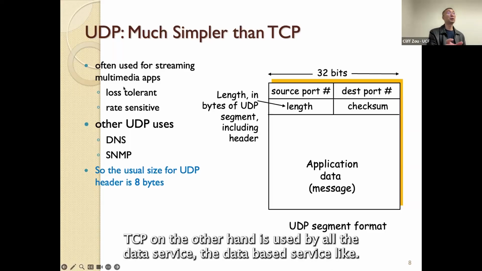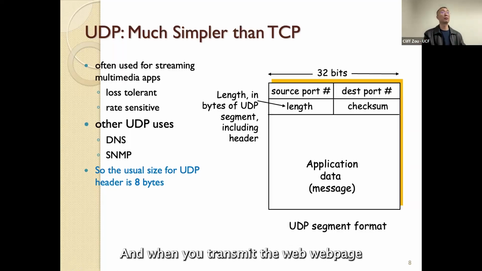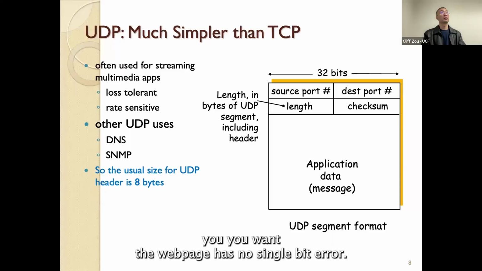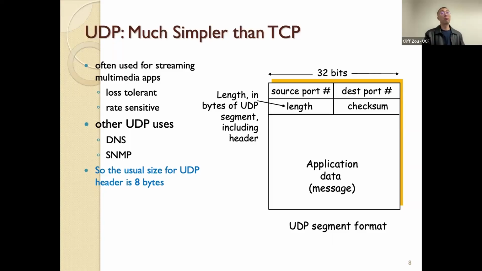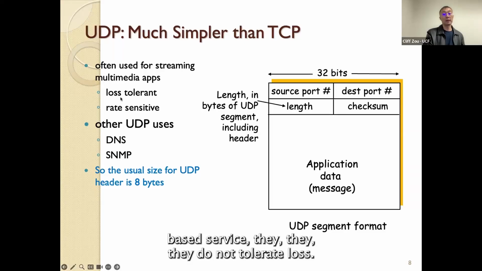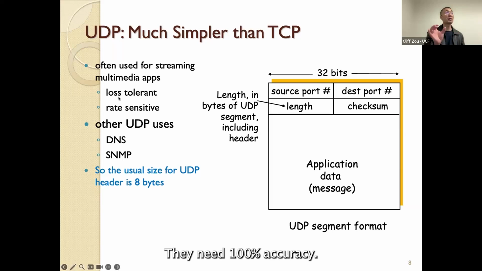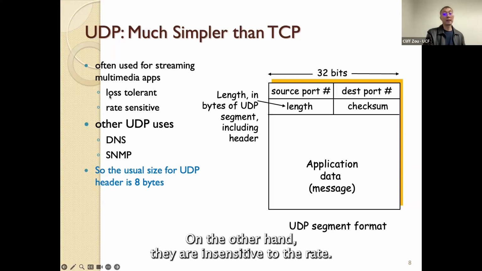TCP, on the other hand, is used by all the data-based services. Like when you transmit a web page, you want the web page to have no single bit error. So data-based services do not tolerate loss. They need 100% accuracy. On the other hand, they are insensitive to the rate.